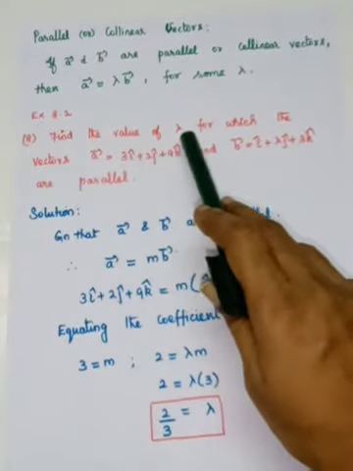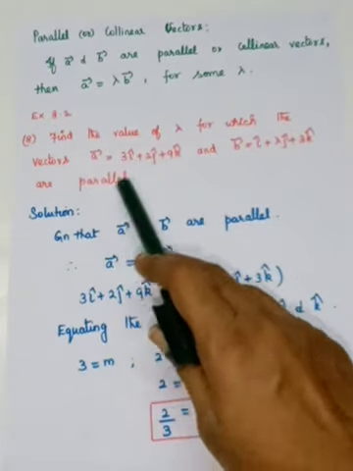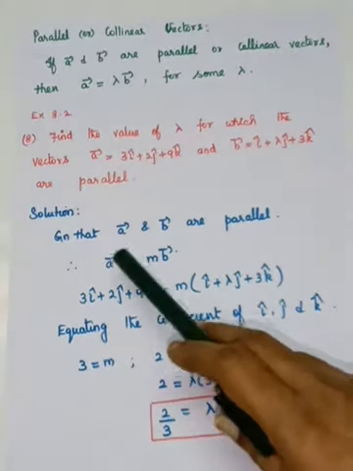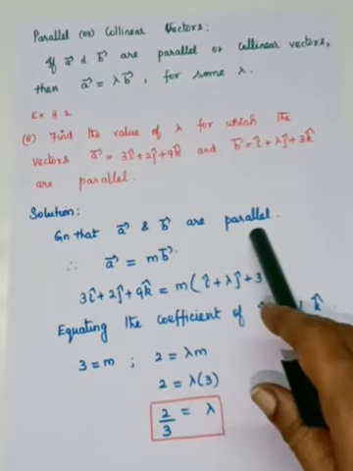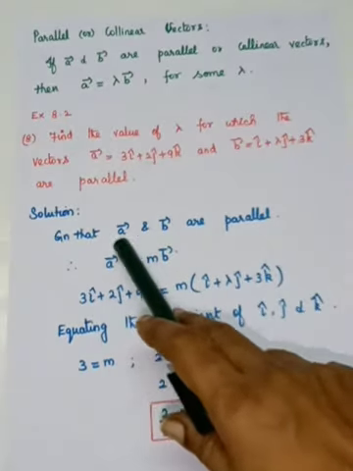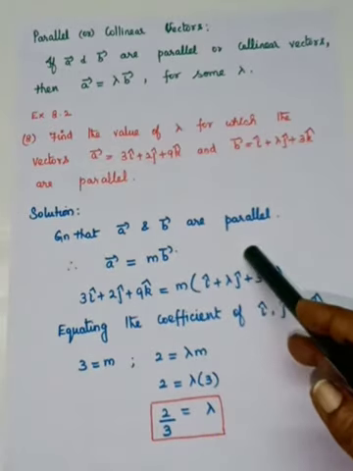Okay, so exercise 8.2, eighth problem. Find the value of lambda for which the vectors are parallel. So here you have to find the value of lambda given the two vectors are parallel. So I am going to take A vector and B vector are parallel, as it is given. How can you write it?